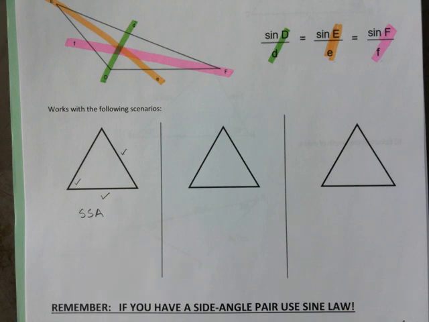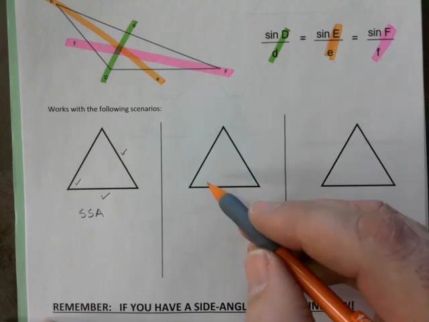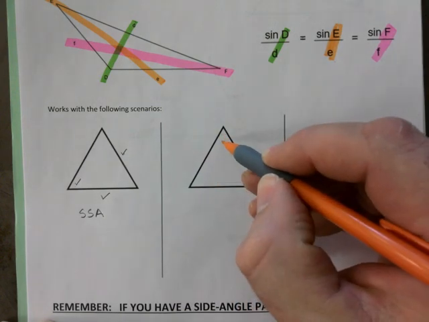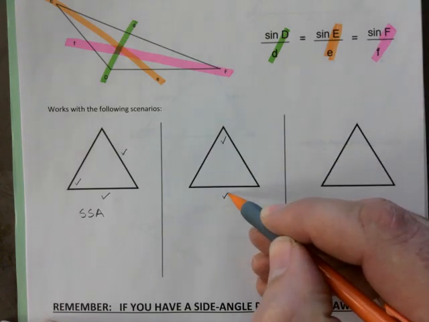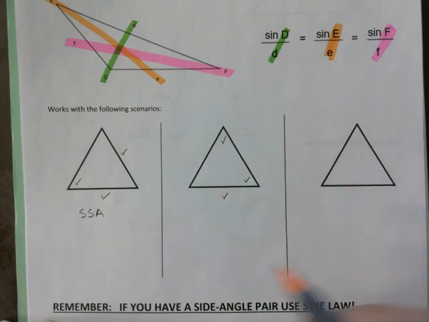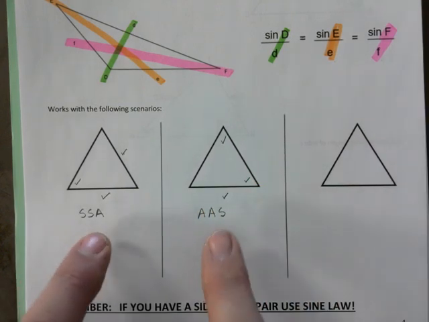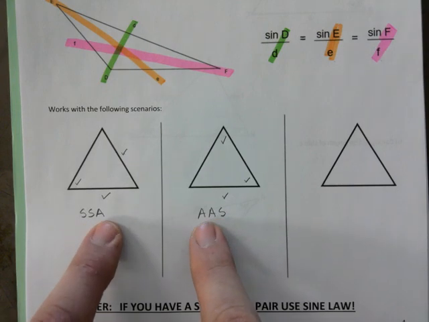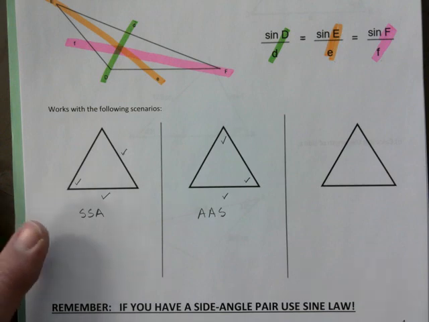But I can't say it on YouTube, right? But SSA is what I call it. If you didn't get it, that's fine. Let's say you know this angle, a side across from it, and any other angle. That's what we call an angle side. Not very important for you to remember these. I don't care if you remember that or not.